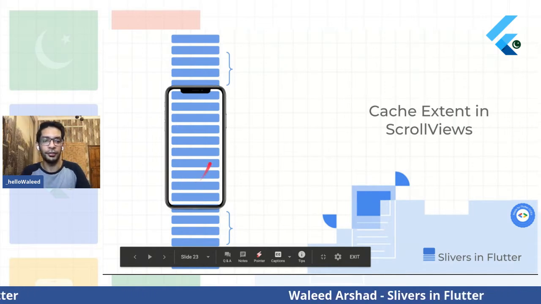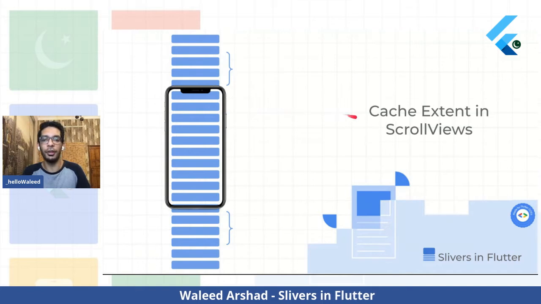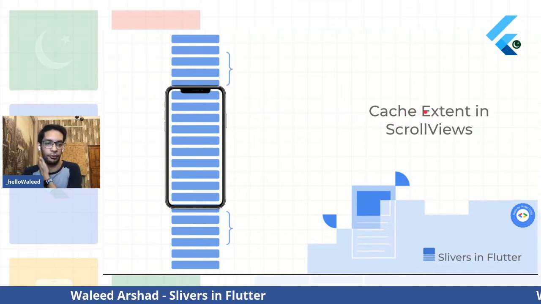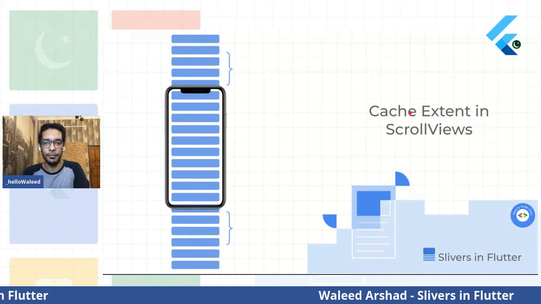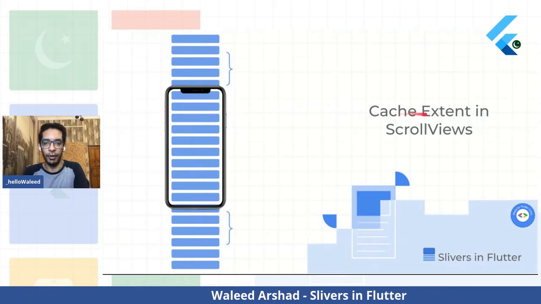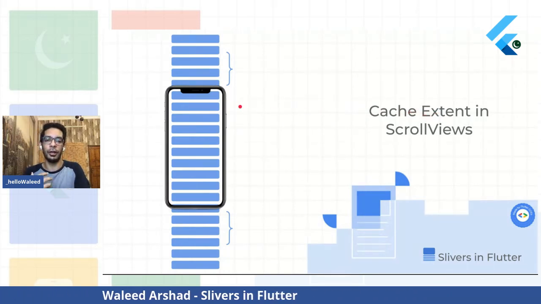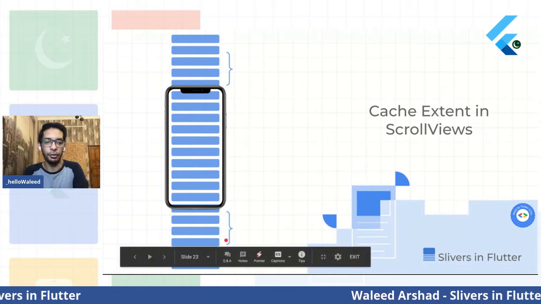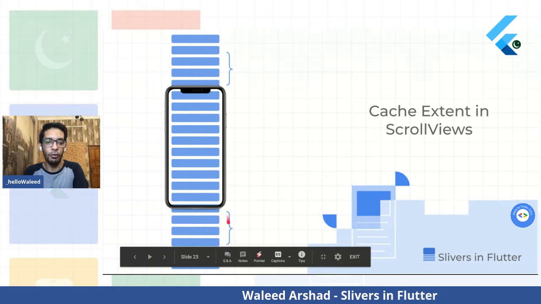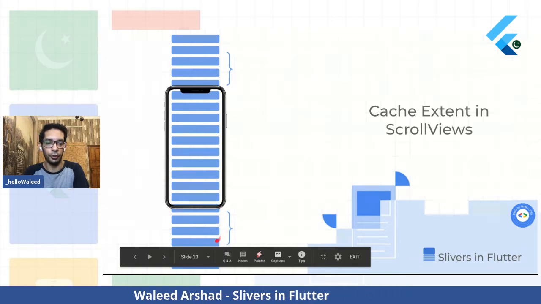So in order to avoid this, Flutter has given this property in scroll views. This property is of double type, and it takes a double value. So if you give some value, it automatically renders those pixels outside of the viewport.